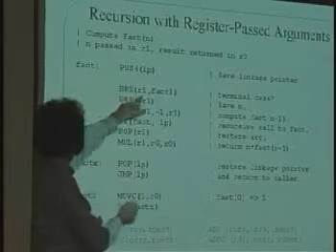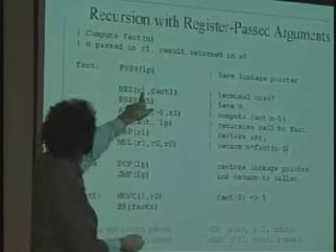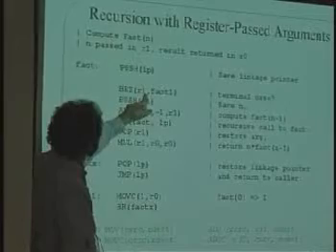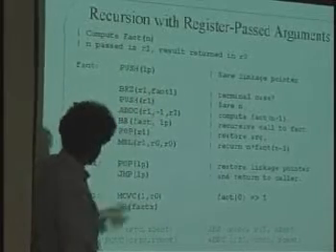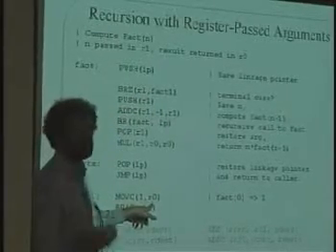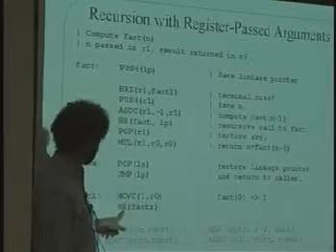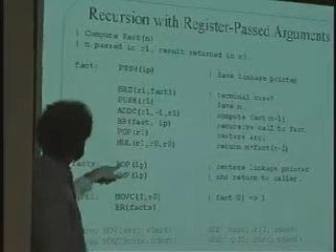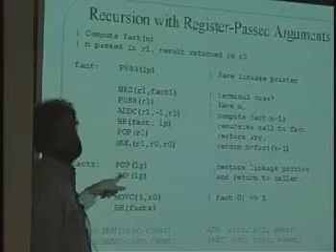So what do we do? We compare R1 to see whether or not it is 0. That's looking at n. And if it is 0, we go to fact 1. At fact 1, we move the constant 1 into R0. That's where we decided the result's going to be. And then we branch to fact x, which just goes back to here. And then we do pop of LP and jump to LP.